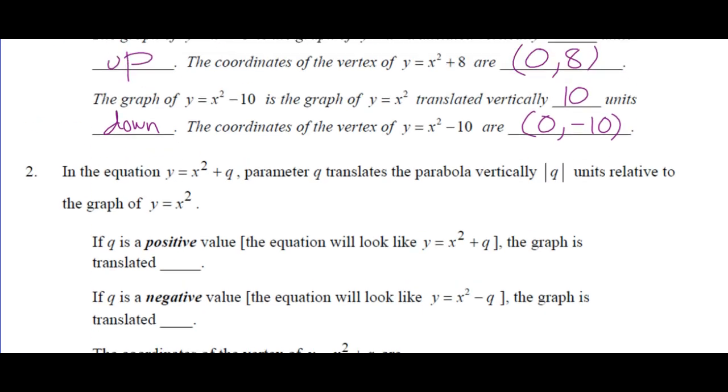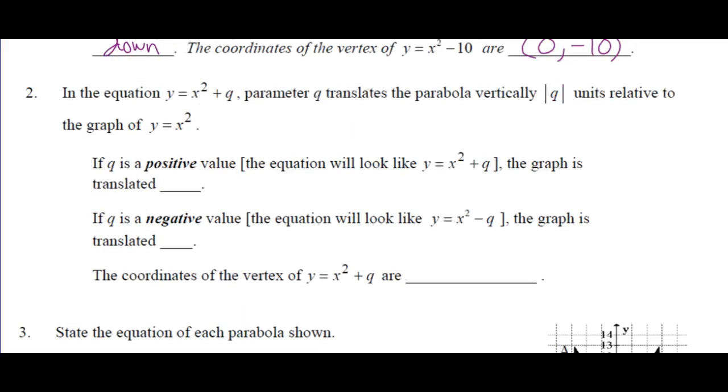When we talk about P and Q, we're really just using the absolute value of them. We don't care if they're negative. If P is negative, it moves to the right. If it's positive, it moves to the left. With Q, if it's negative 10, it's moving 10 units down. Now, when we go to write the vertex, that has the effect, right?